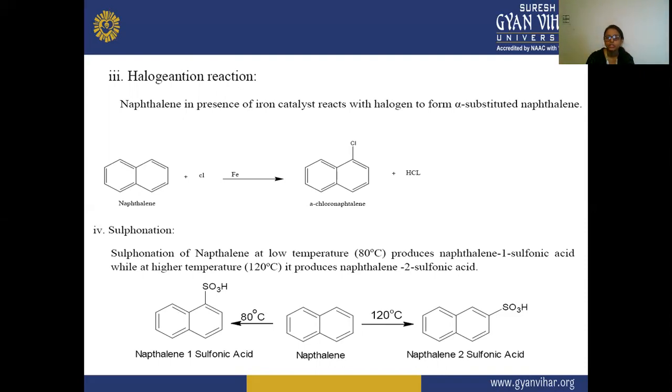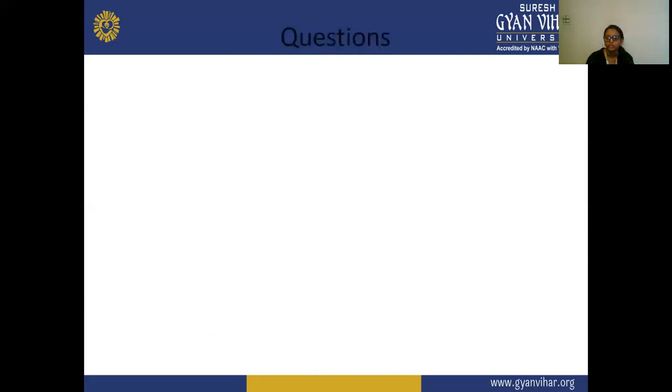Sulfonation of naphthalene at low temperature, 80 degrees centigrade, produces naphthalene-1-sulfonic acid, while at higher temperature, 120 degrees centigrade, it produces naphthalene-2-sulfonic acid. Here from naphthalene at 80 degrees centigrade there is a formation of naphthalene-1-sulfonic acid, and at 120 degrees centigrade there is a formation of naphthalene-2-sulfonic acid.